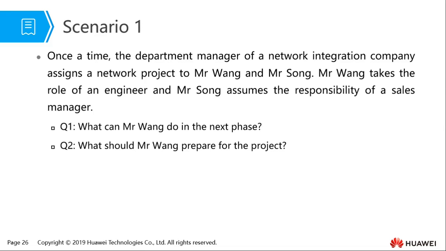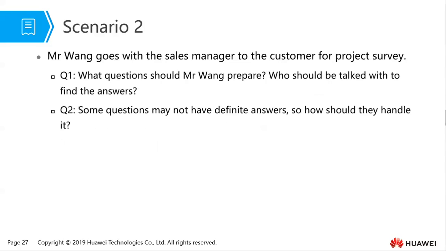Then Mr. Song will conduct the surveys, and eventually, after getting clear project requirements and all that is expected of the project, they also need to do a final report for this particular project. So that is really the very first stage of implementing a network engineering project, which is what we call the network planning stage.